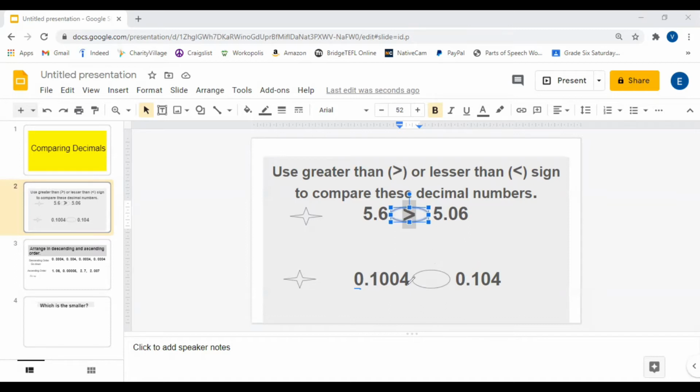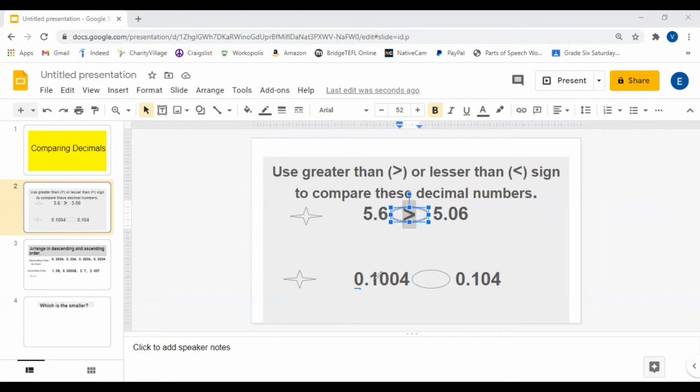Now, guys, I'm going to look at the second digit, which is the first digit after the point. The second digit in 0.1004 is 1, and the second digit in 0.104 is also 1.